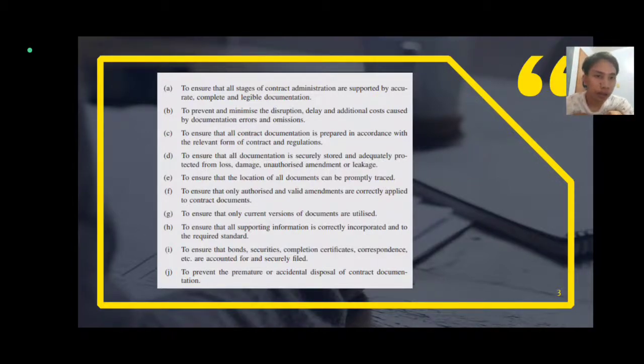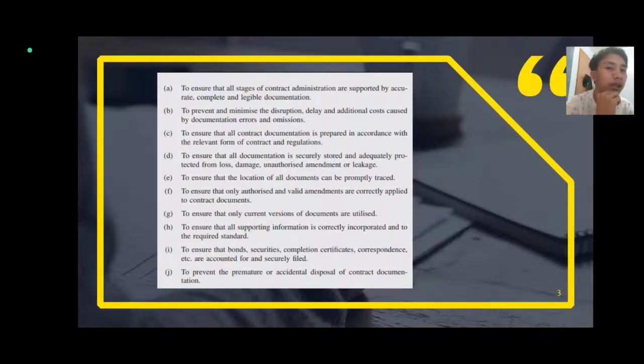Then next is to prevent, minimize disruption, delay, and additional cost caused by documentation errors and omissions. Yun nga, para mabawasan yung mga errors sa document. Kaya meron tayo nung contract and tendering documentation.